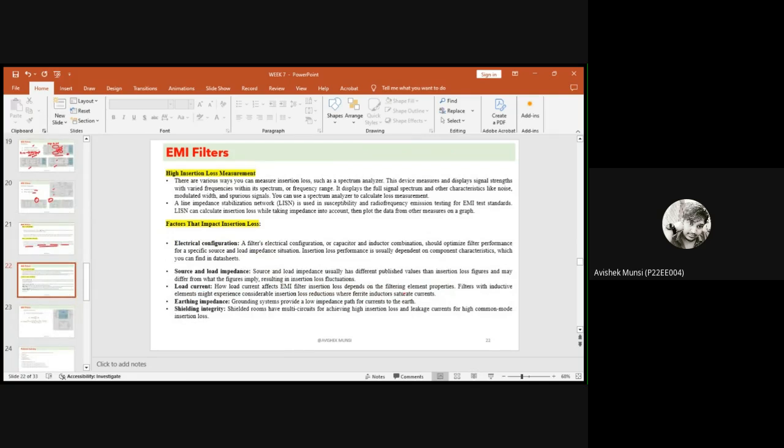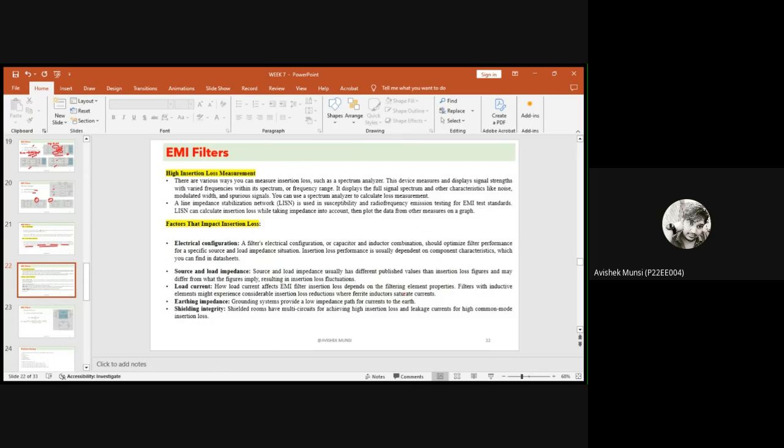So how do we measure the insertion loss? There are various ways. One, which we already discussed, is the spectrum analyzer. That device can measure and display the signal strength of various frequencies across the frequency range, from which you can understand how much noise there is and how much unwanted signal is introduced.